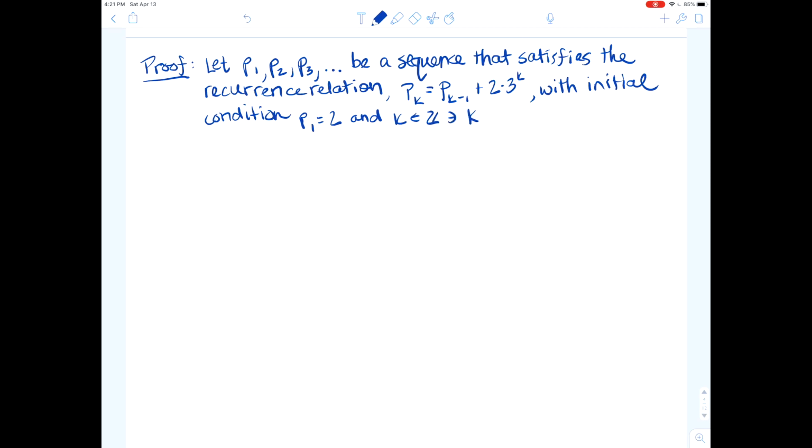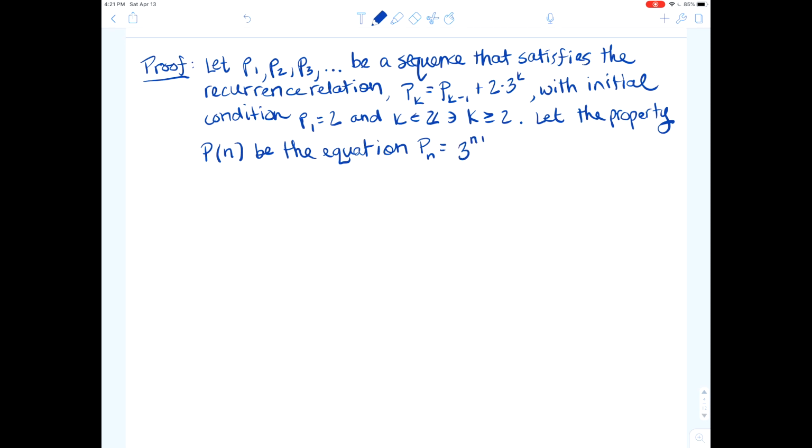K was greater than or equal to 2. Good? We're going to also let the property P at n be the equation P sub n is equal to 3 to the n plus 1 minus 7.